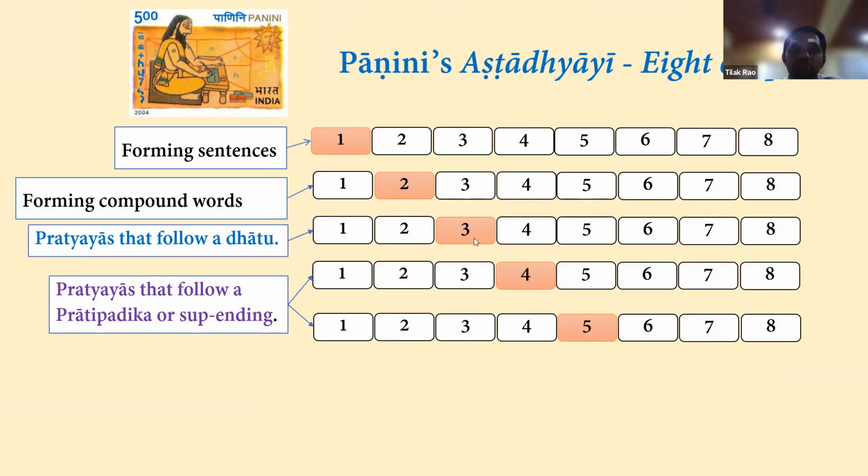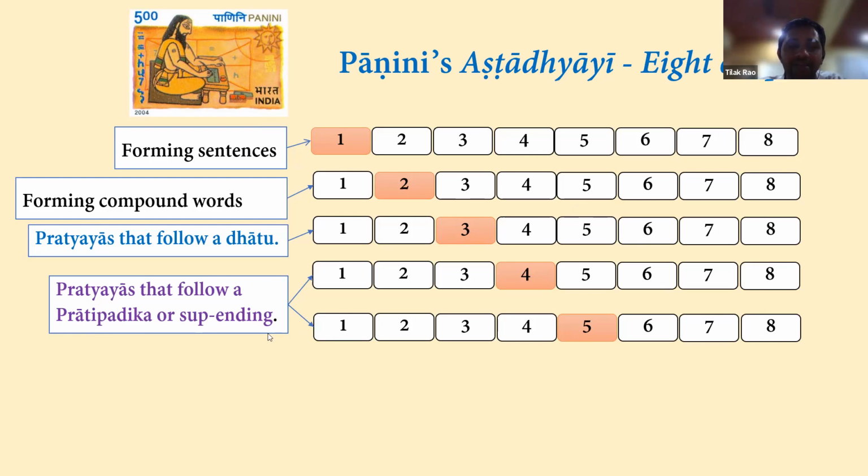And to create a word, especially noun forms, a pratyaya should be added to a dhatu, as we saw in all the examples. Therefore, the pratyayas which are added to a dhatu, even ting pratyayas and krit pratyayas, are discussed in the third chapter of the Ashtadhyayi.